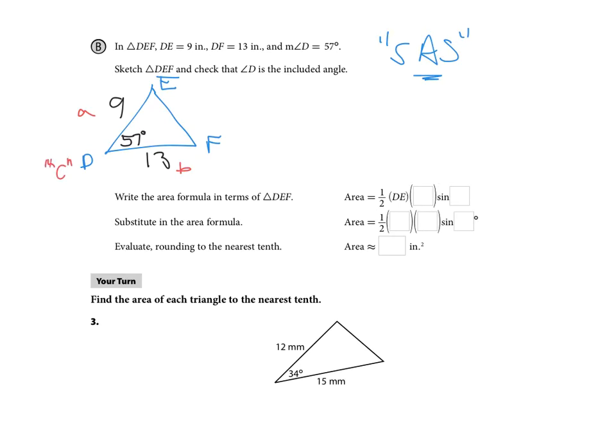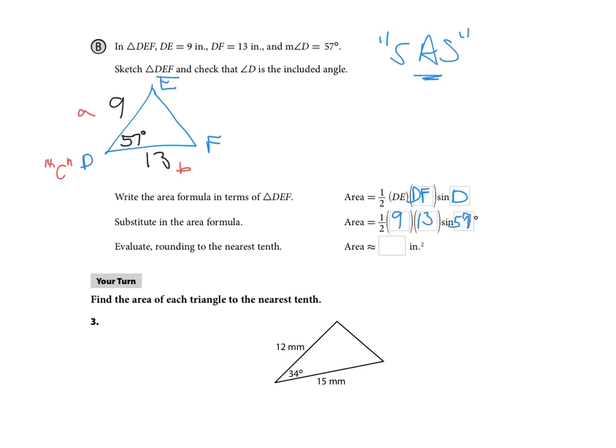So in terms of triangle DEF, the 2 included sides are DE and DF, and the included angle C from the previous one, even though we have new labels here, is the sine of angle D. So we have 1/2 DE we know is 9, DF is 13, and our included angle D is 57 degrees.